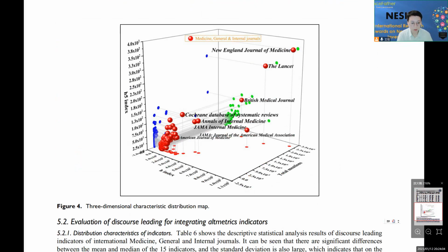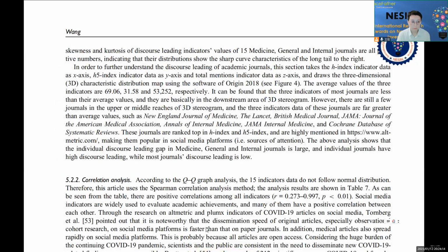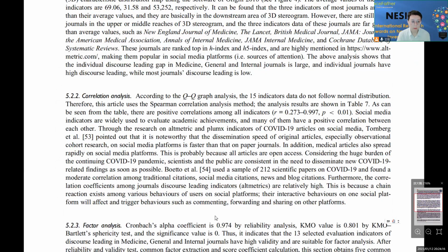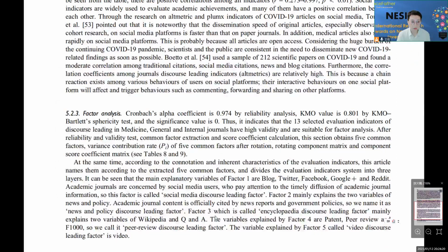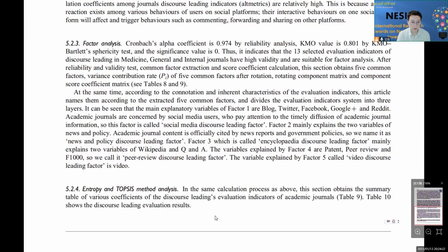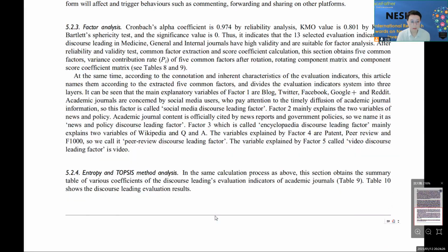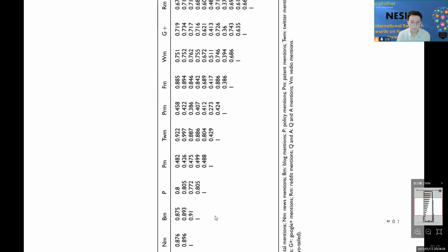5.2 is the evaluation of discourse leading integrating altmetrics indicators. We first make the distribution character of indicators, and we make a correlation analysis, factor analysis, entropy, and TOPSIS method analysis.